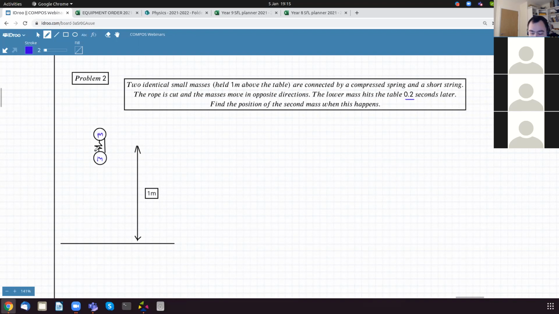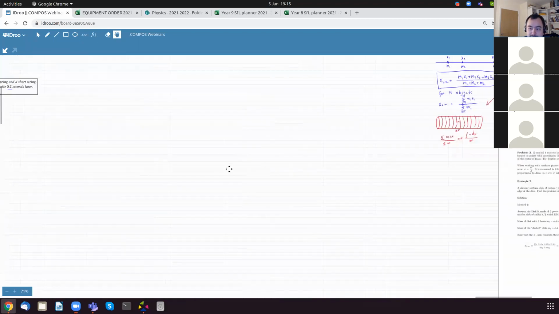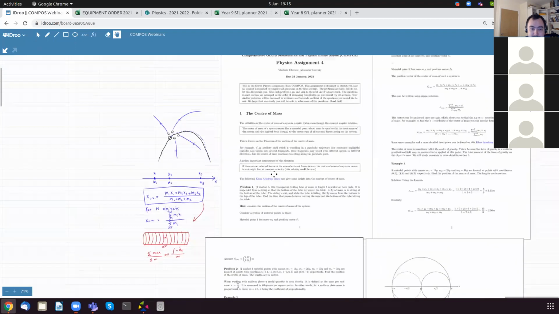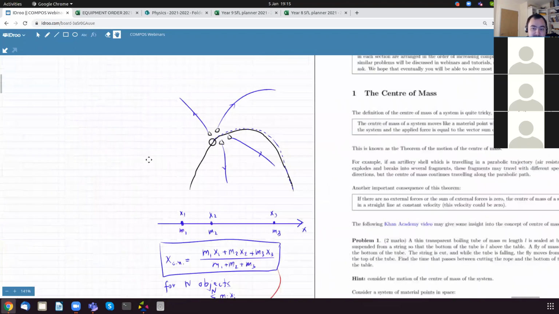So we have to use the theorem of the movement of the center of mass. So let's have a look. The theorem of the movement of the center of mass. The center of mass of a system moves like a material point whose mass is equal to the total mass of the system. The applied force is equal to the vector sum of all external forces acting on the system.